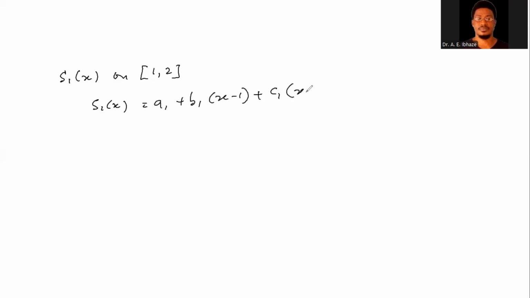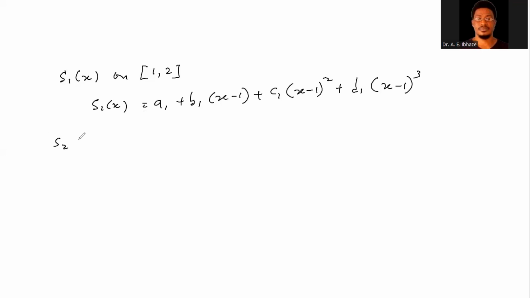So then, s1 of x on the interval 1, 2 will now be expressed as s1 of x being the same as a1 plus b1 (x minus 1) plus c1 (x minus 1) squared plus d1 (x minus 1) cubed.